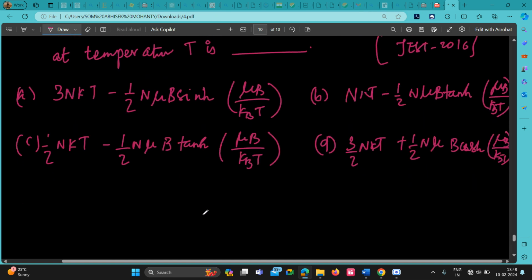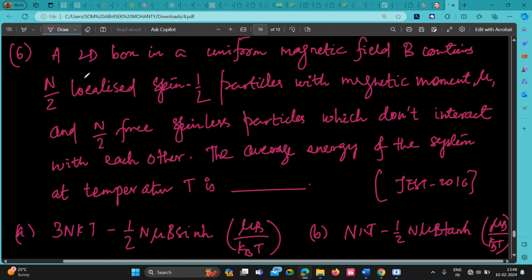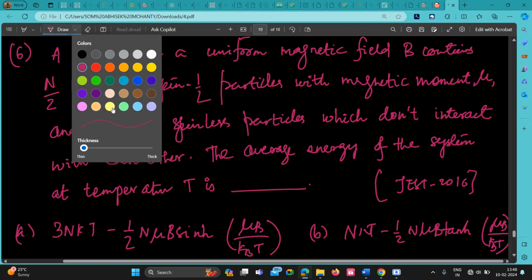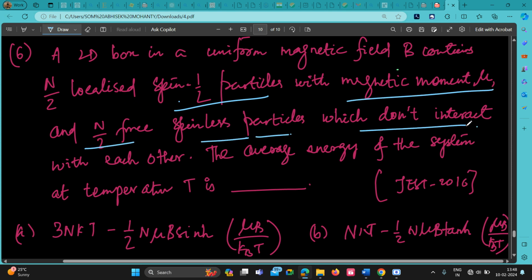So solve this question. A 2D box in a uniform magnetic field B contains N by 2 localized spin half particles with magnetic moment mu and N by 2 free spinless particles which do not interact with each other. Okay, is it all right? So write down. It's a good question.